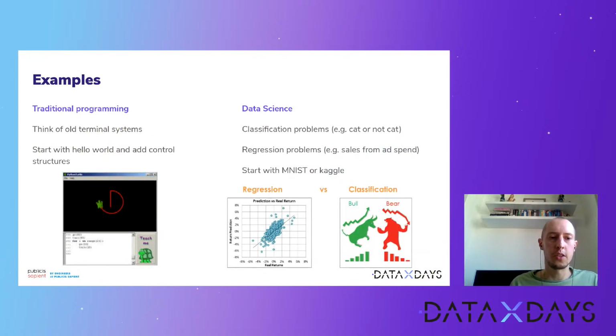Reflecting on some examples might help to make this clearer. For traditional programming, we can think of, in particular, old terminal systems. These make this very clear because with terminal systems, you had to type in inputs specifically, and you would see outputs come out on the terminal. And we can think of a progression where, when learning to program, you start with hello world, and you add more control structures.